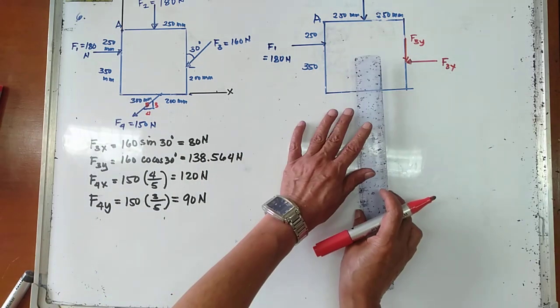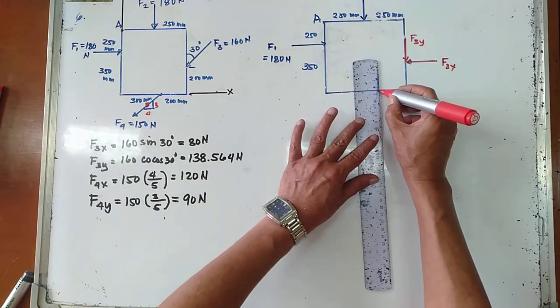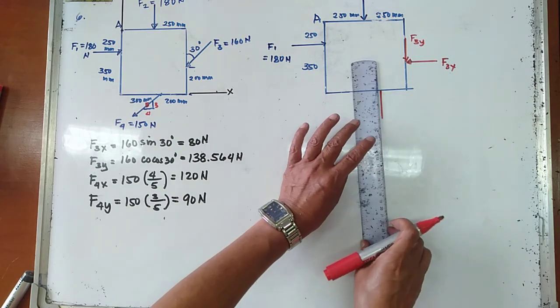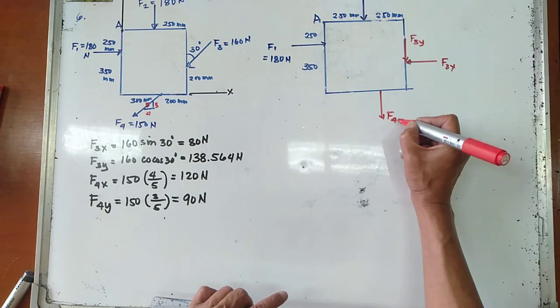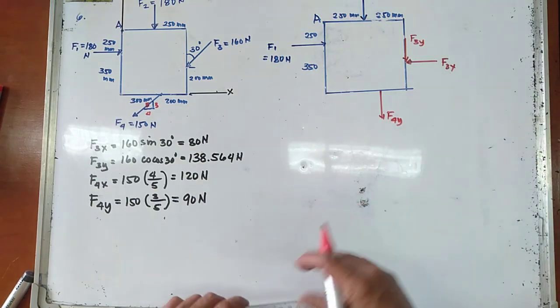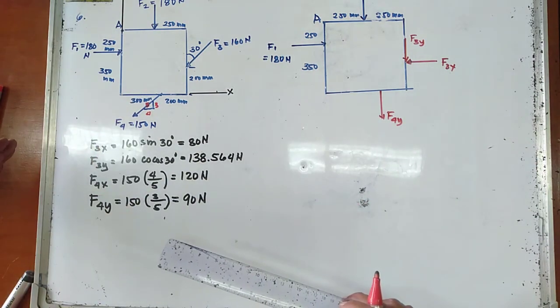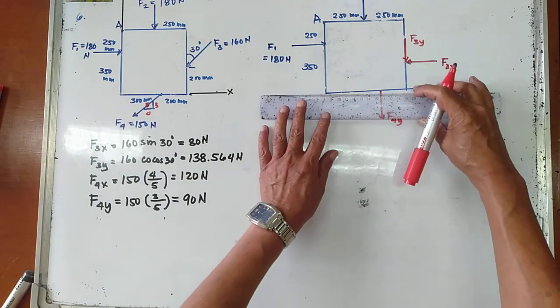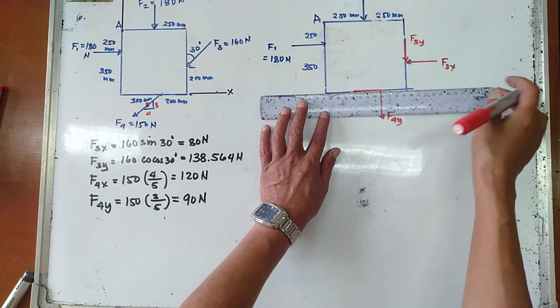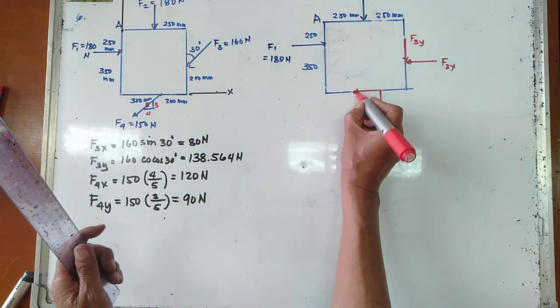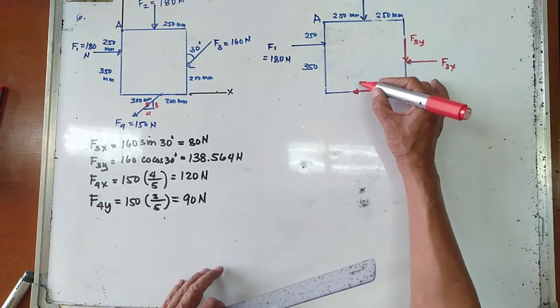So we have F4y, it is still down to the right, and we now have your F4x.